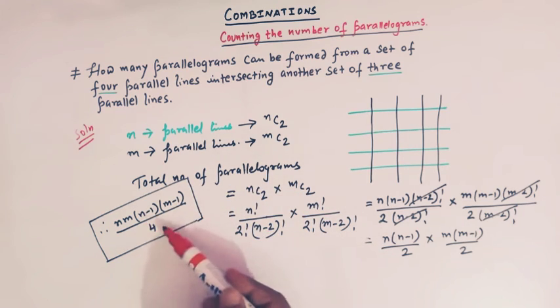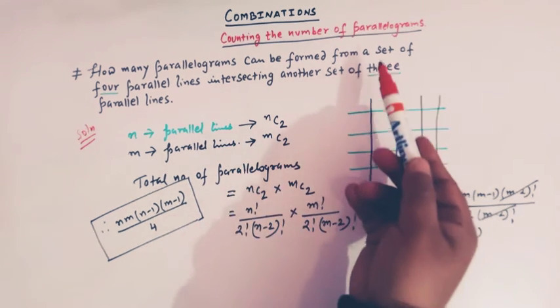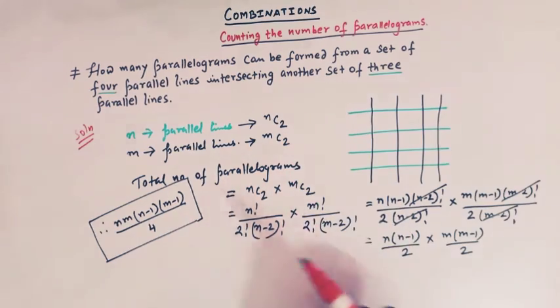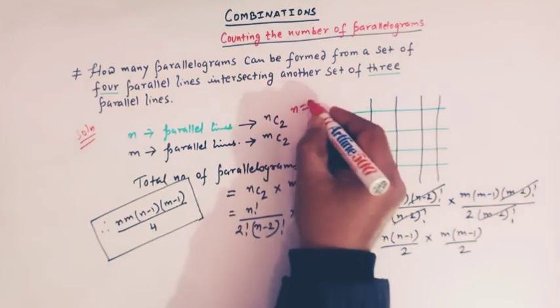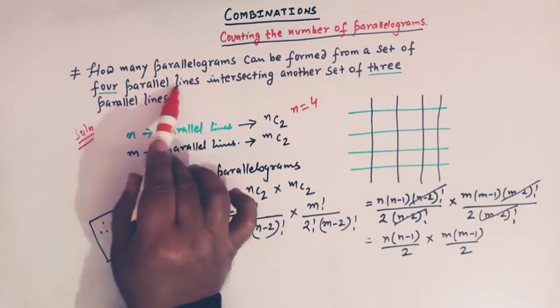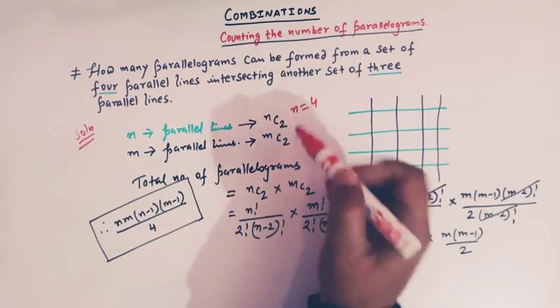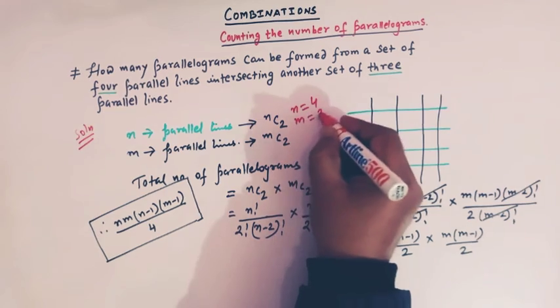And if we now apply this rule to this problem, then we have the value of n as 4, because we have 4 parallel lines here, and the value of m is 3.